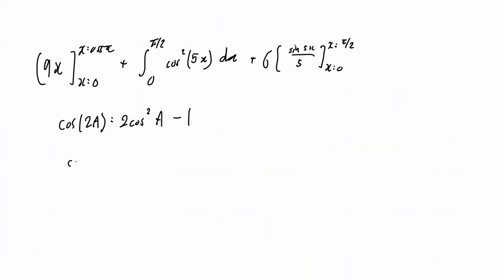So you plus 1 to the cosine 2a. But that's 2 cos square a, so you divide by 2. Minus 1 brought over becomes plus 1. Then there's still a 2 in front, so you divide over. Okay, good. So that means you can substitute in the cos square 5x.